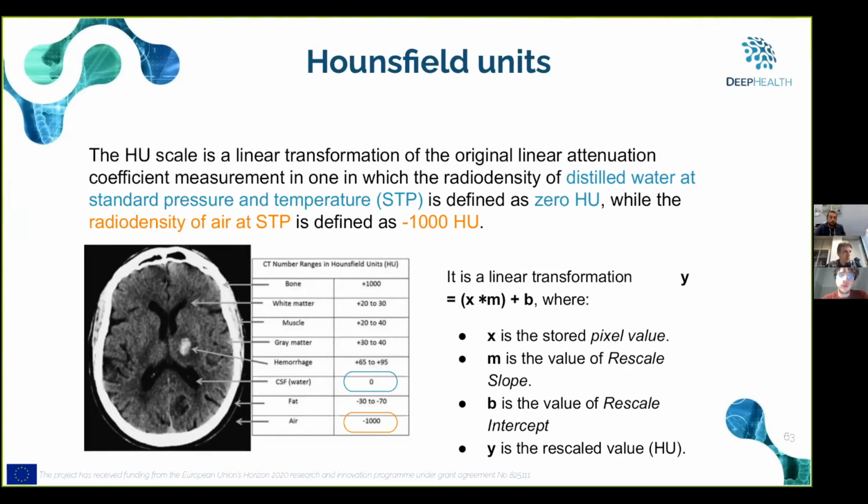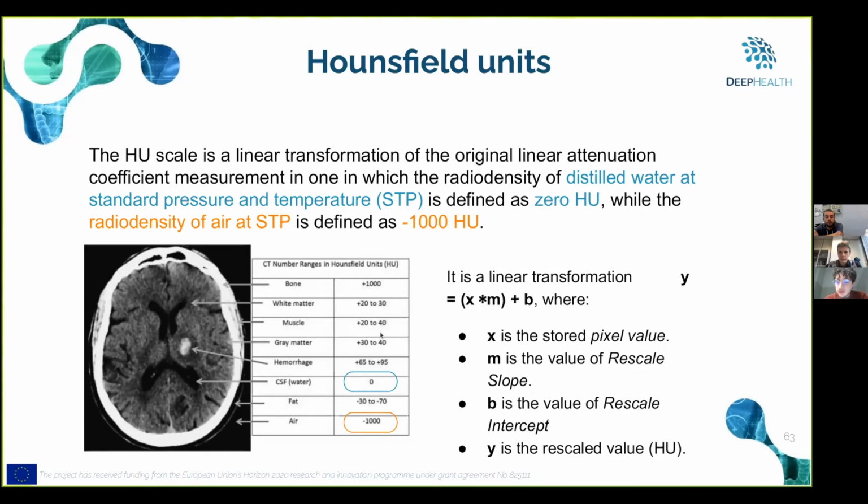So to convert raw pixel to Hounsfield unit, we just apply a linear transformation, where X is the stored pixel value, M is the value of the rescale slope, B is the value of the rescale intercept, and Y is the rescaled value, the output, so the Hounsfield unit.